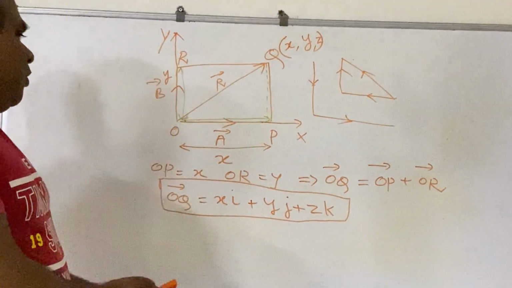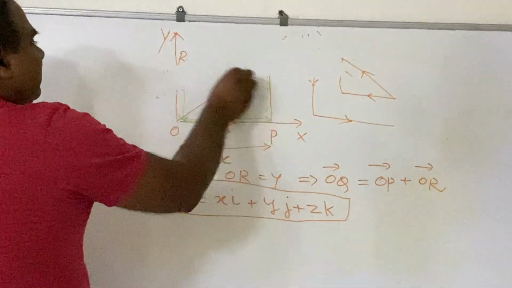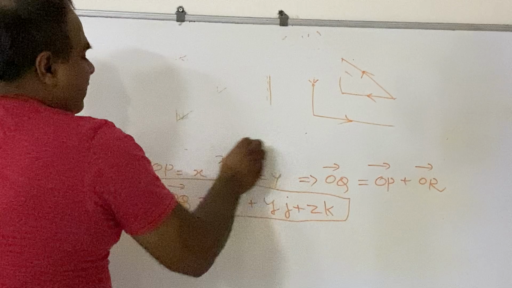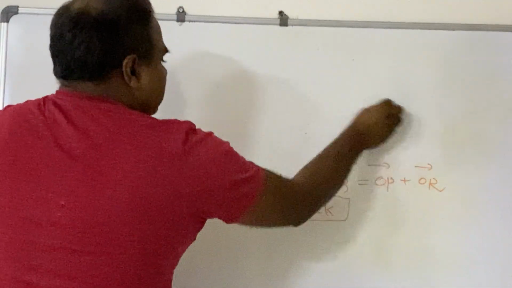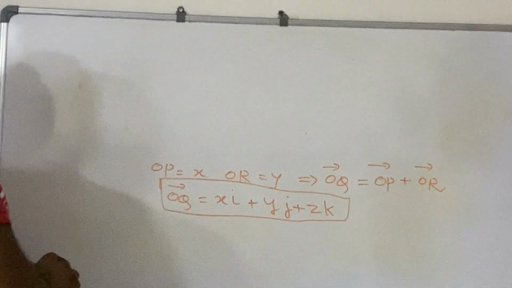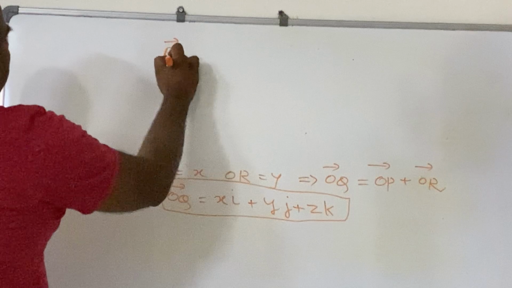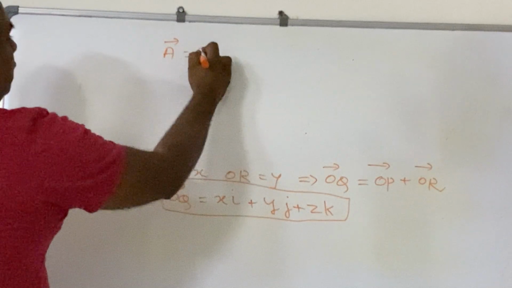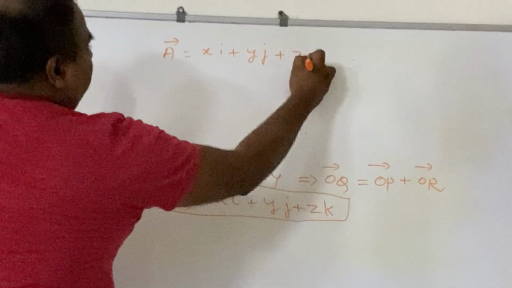Clear? Now, the next point I am going to tell you is this. We have written vector OQ; generally, vector A is equal to xi plus yj plus zk.